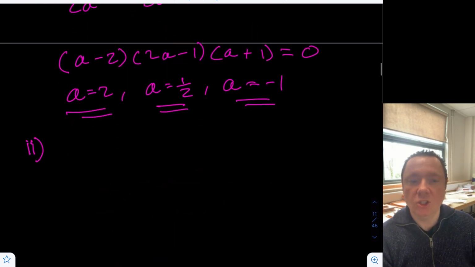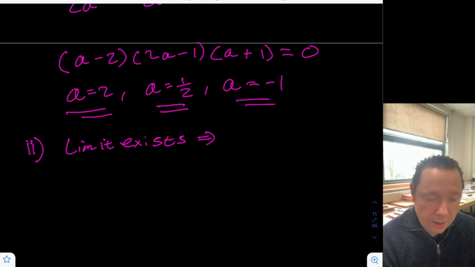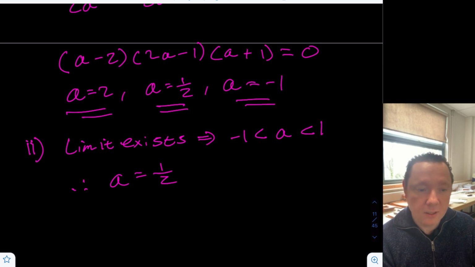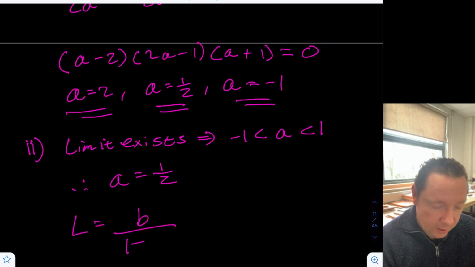So this is just a pure sequence question. If the limit exists, that implies that minus 1 is less than a is less than 1, and therefore a must equal a half because the other two are invalid. The limit is given by b over 1 minus a.